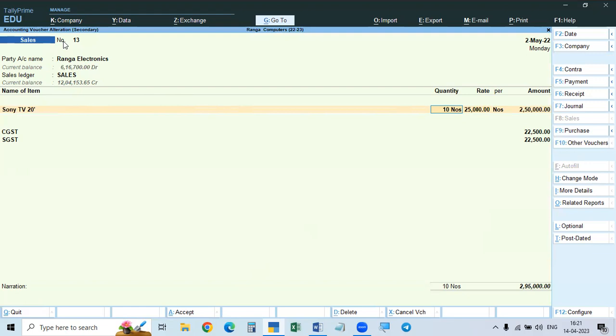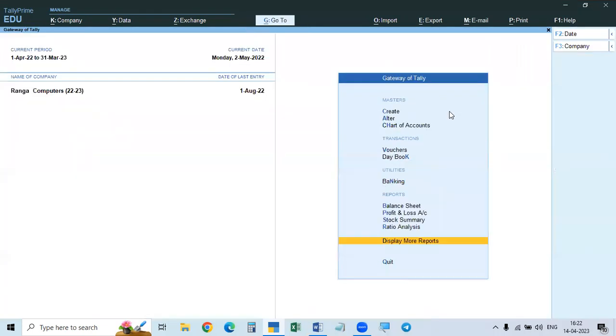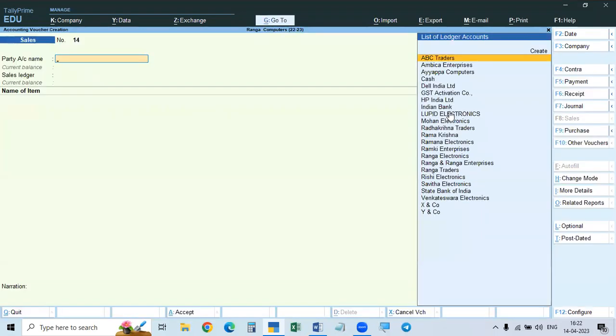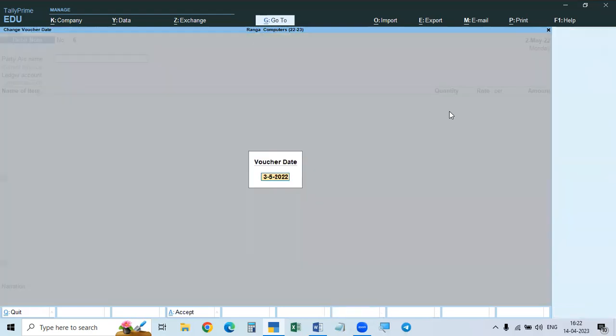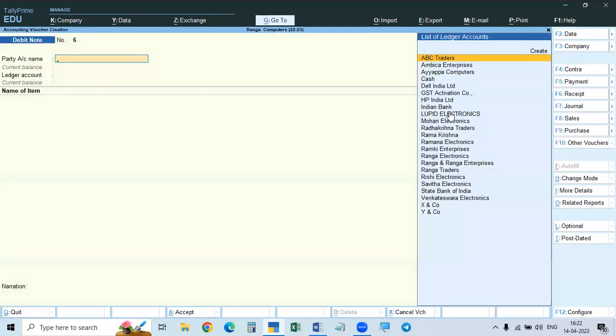So the number is, you see, sales invoice number 13, date is the second only. So 13 and second, Ranga Electronics. We have to increase 2 units, each one is 25,000. Okay, 13 second one. So here, which one do you have to take? Not credit note, we have to take debit note, means Alt F5, debit note. Date, we will take the same date, because after the second, up to 31st, we cannot take the date.